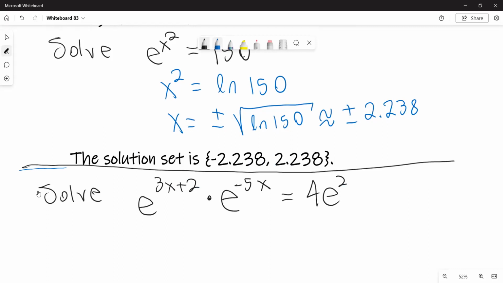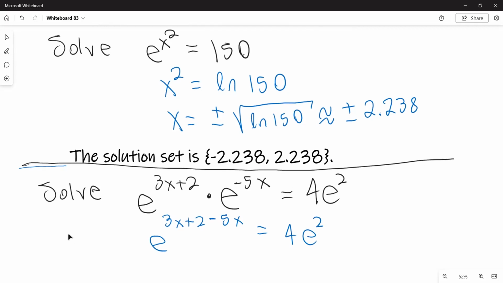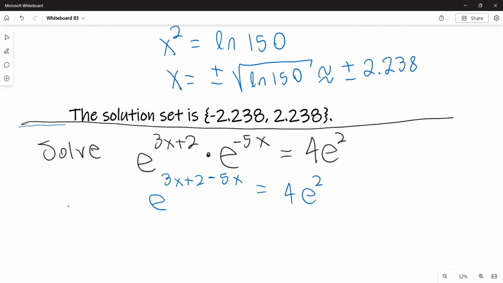Okay, with the properties of exponents, we can write everything with the same base. So that's the same exponent. And e to the 3x plus 2 minus 5x is equal to 4 times e squared. What do we have? We can combine the 3x and the minus 5x. So e to the 2 minus 2x is equal to 4e squared.